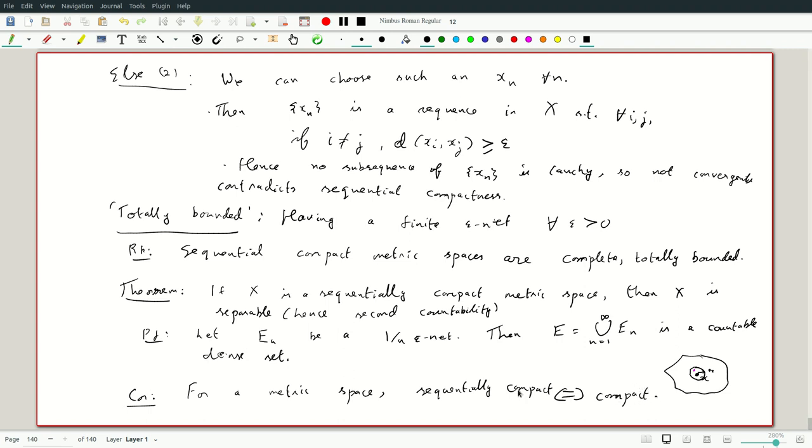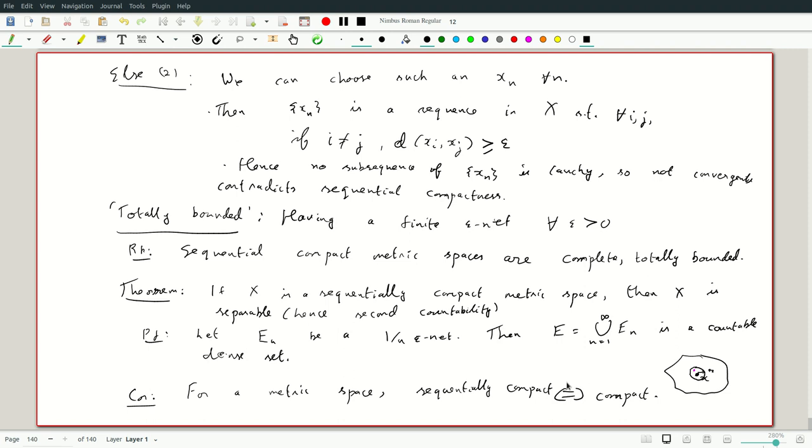So the Heine-Borel theorem told us for subsets of Rn we had a nice characterization, closed and bounded. But in general we have epsilon nets, and sequential compactness and compactness are the same. Well, one way, because metric spaces are first countable. The other way, a metric space need not be second countable, but if it's sequentially compact, it's second countable. And we saw sequentially compact and second countable implies compact. So we have a unique notion.